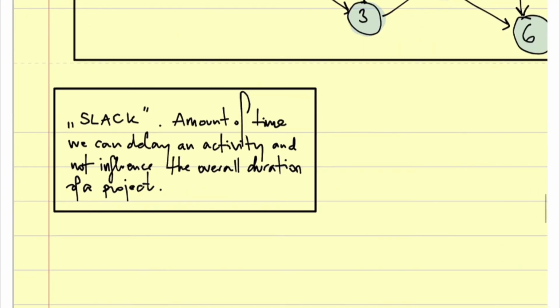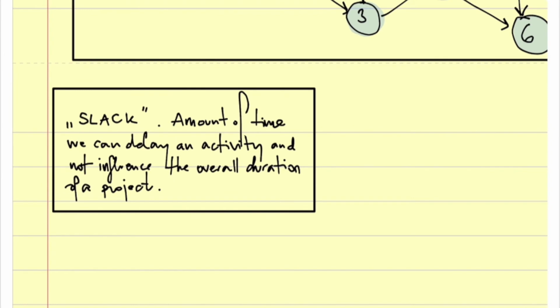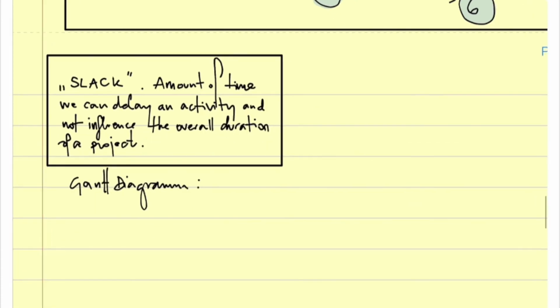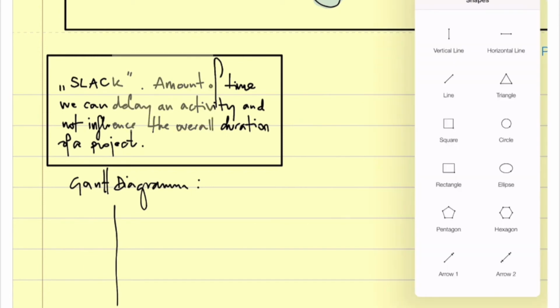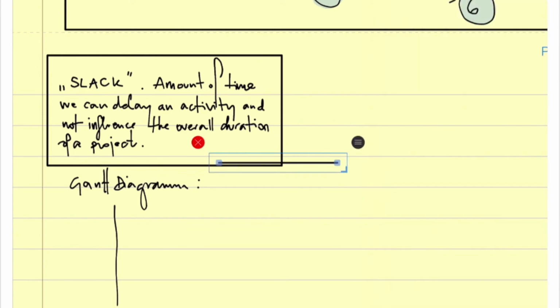Let's say we have a Gantt diagram like this. An example like this. Wait, I'll do it prettier.